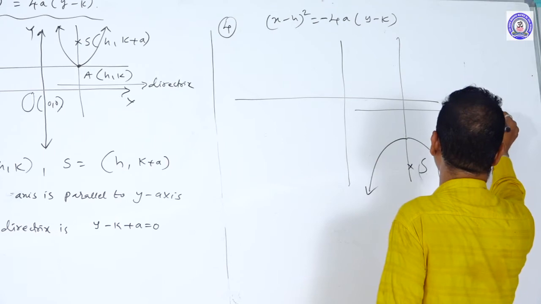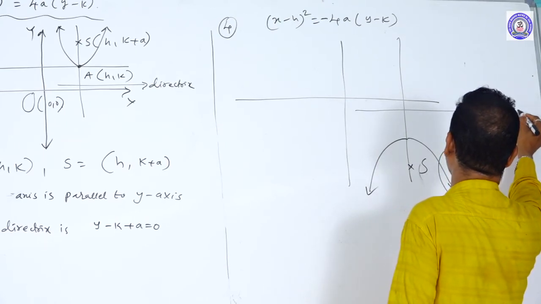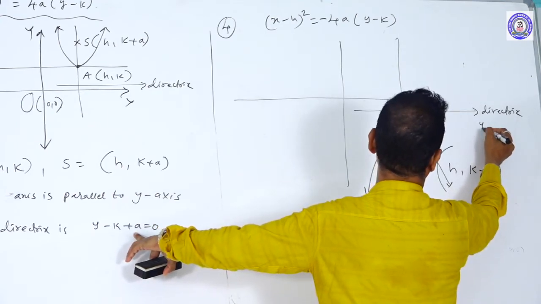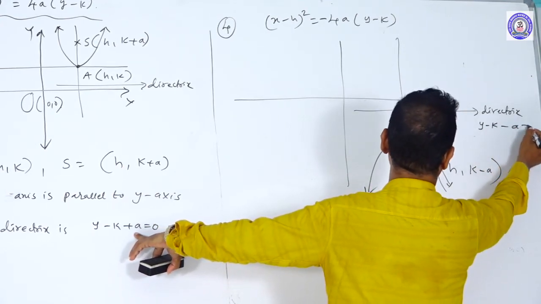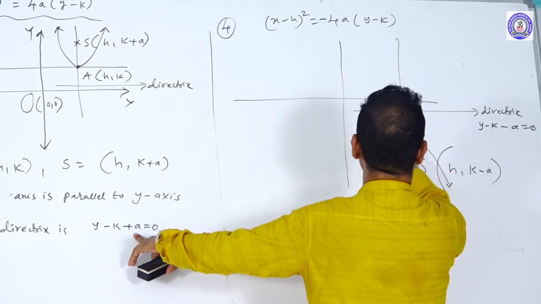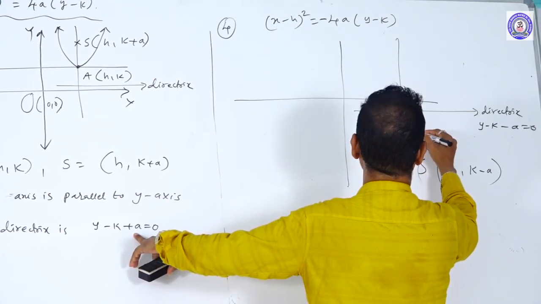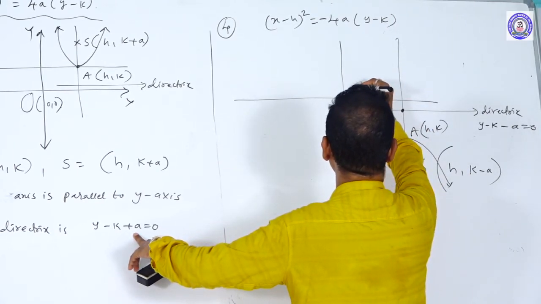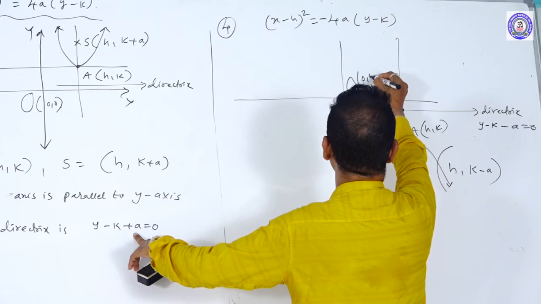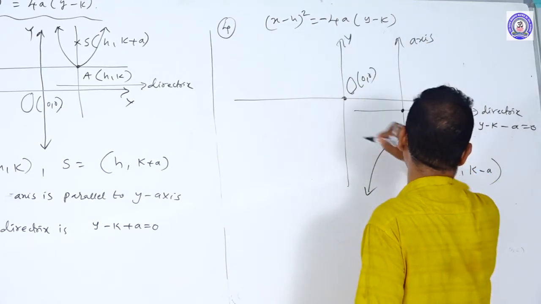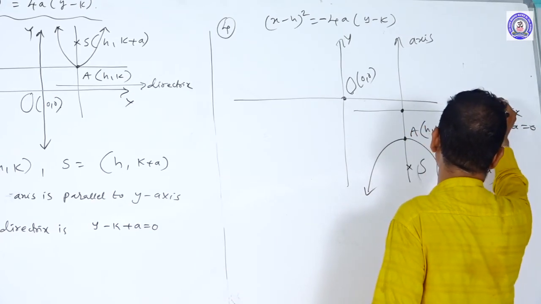This is the directrix, so the change is y minus k minus a is equal to 0. This is the vertex h comma k. This is the origin. This is the axis, y axis. This is x axis.